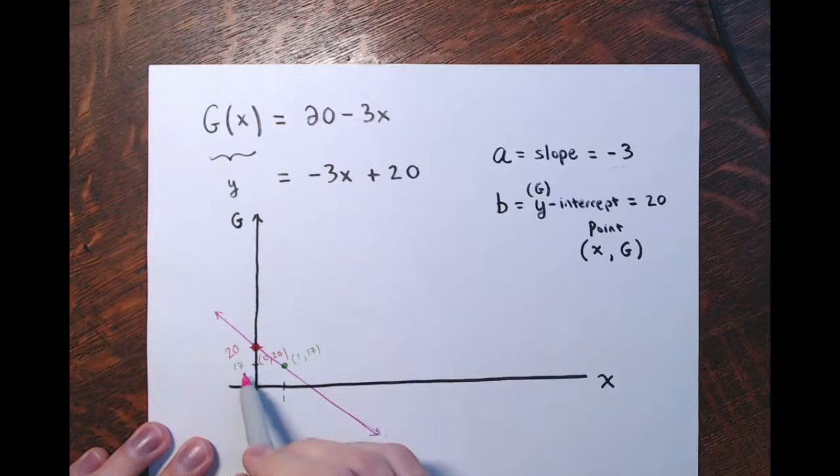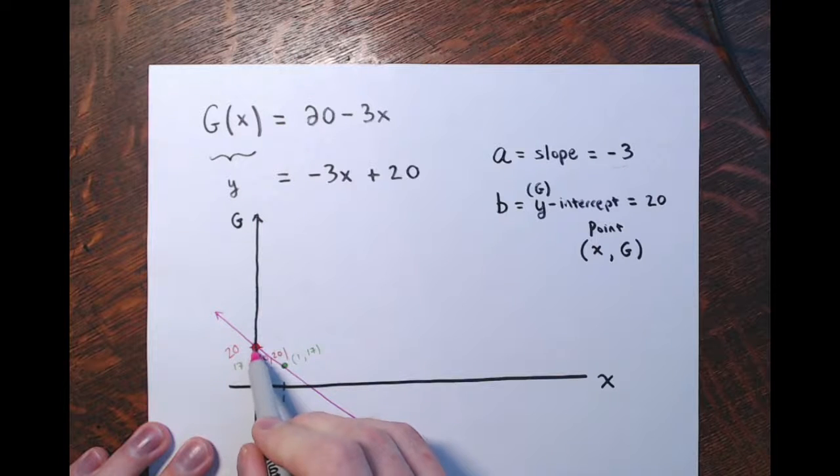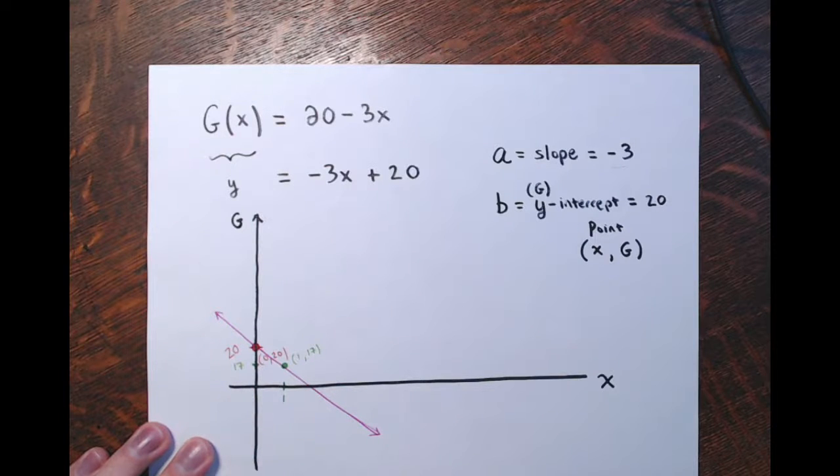We have negative values of x over here, and what does it mean to have negative minutes of shade? It doesn't mean anything. It has no meaning in real life. Same thing over here. Now you're going to see it in our graph, but these points below the x-axis are also meaningless.